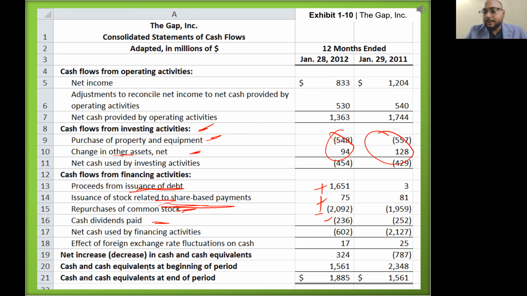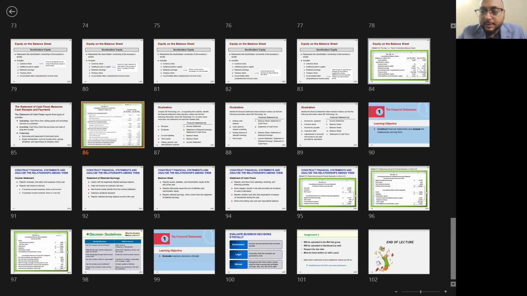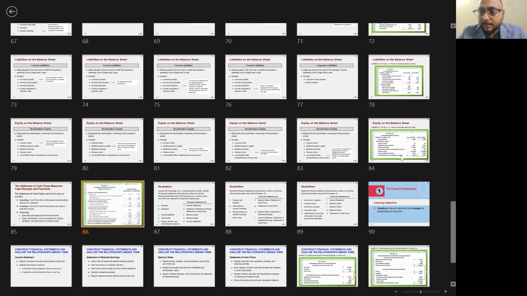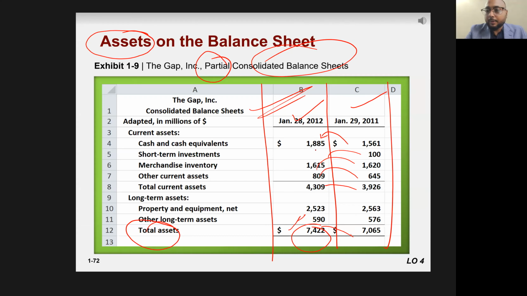So the net increase or decrease is going to be here. And you add the cash at the beginning, and you find 1885 at the end of the period. This must be equal to the balance sheet cash and cash equivalents. If you pay close attention, this 1885 in 2012 would be exactly equal to the balance sheet asset side, 1885 here.